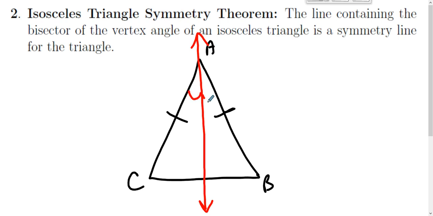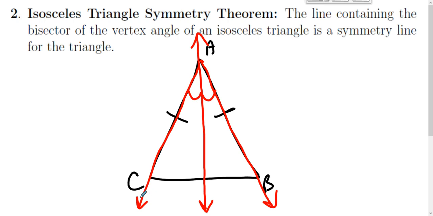Well, we know that this is the angle bisector, so we know that when we reflect ray AB in the angle bisector, the image is ray AC. So this ray becomes this ray, which means that the image of B is somewhere on ray AC.